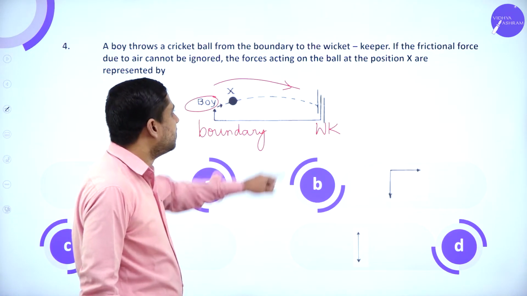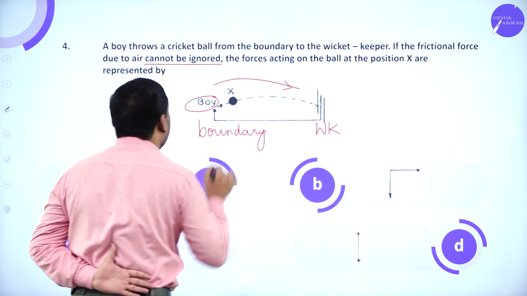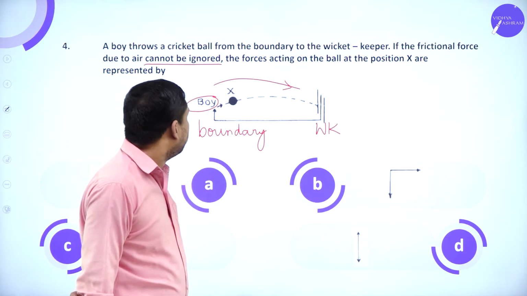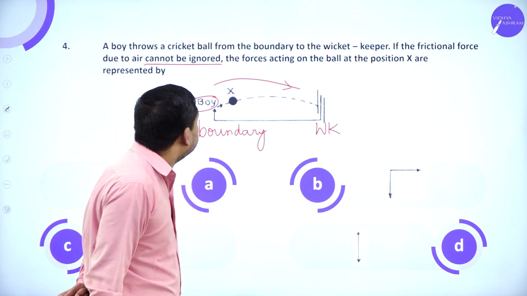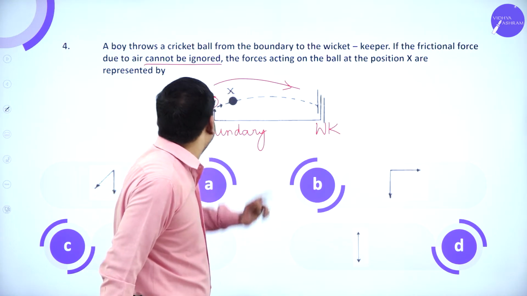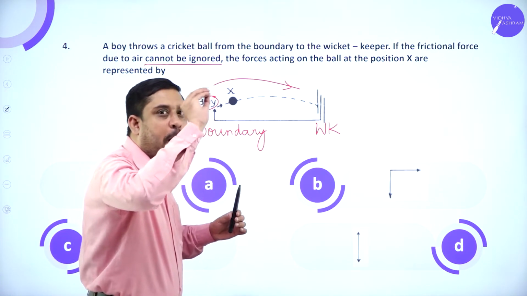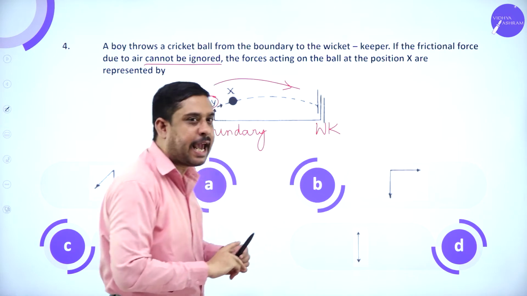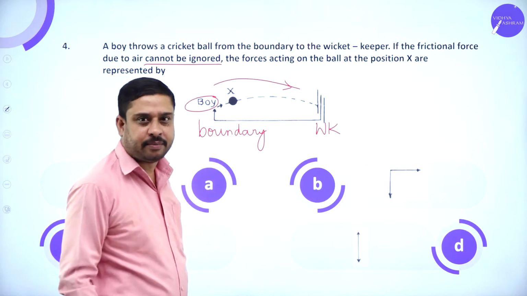Now understand. If the frictional force due to air cannot be ignored, the forces acting on the ball at the position X are represented by which option? The boy is throwing the ball from the boundary in the X direction to the wicket keeper's hands.